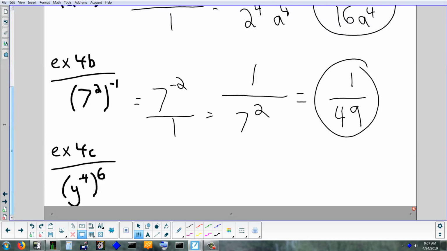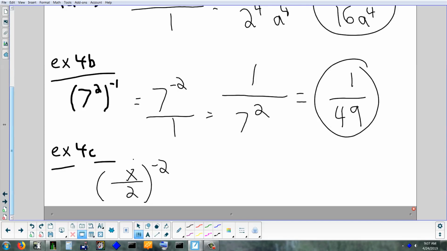This one, I'll just do it out real quick. All right, we'll do it like that. So now we have parentheses around the whole thing, so I'm doing power to a power to the whole thing.